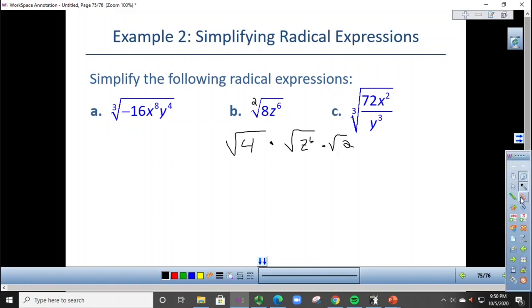Here, let me rewrite this so I'm not confusing you. So 8 is really the square root of 4 times the square root of 2, times the square root of z to the 6.